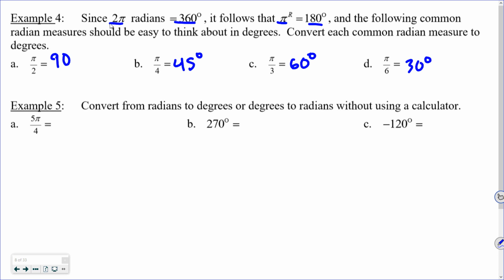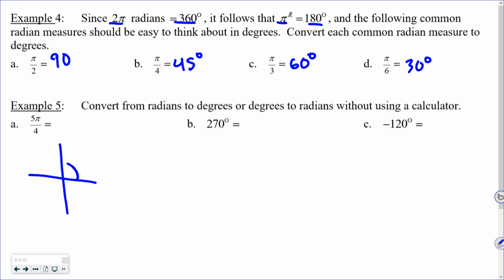So down below it says convert each from radians to degrees, or degrees to radians. So if I have 5 pi over 4 and I want to convert that to degrees, let's go back up here. You can figure these out without a formula, so let's do it without a formula. 5 pi over 4, the way I'm thinking about it, is 1 1/4 pi.